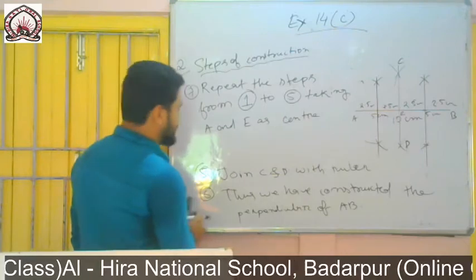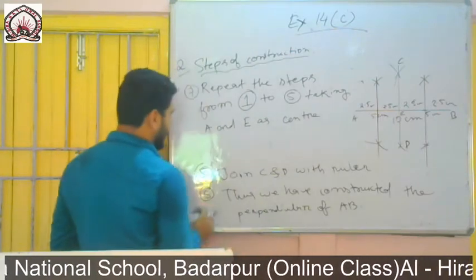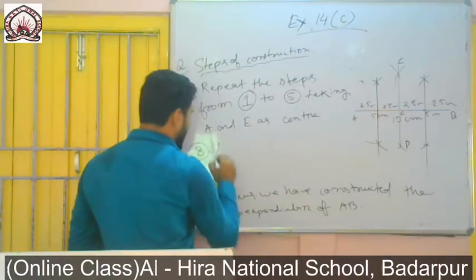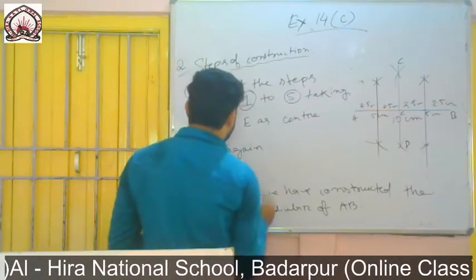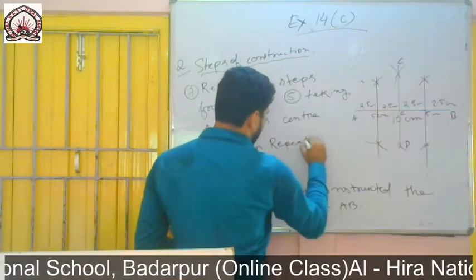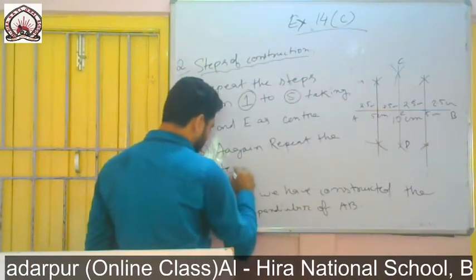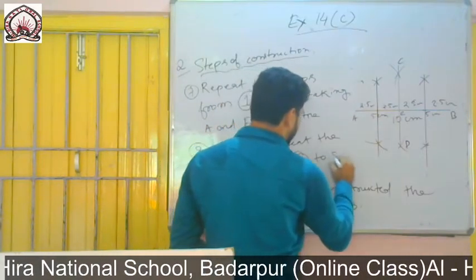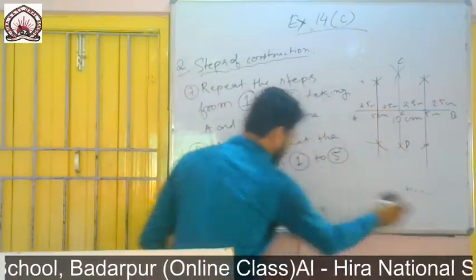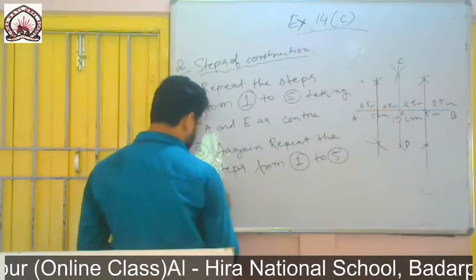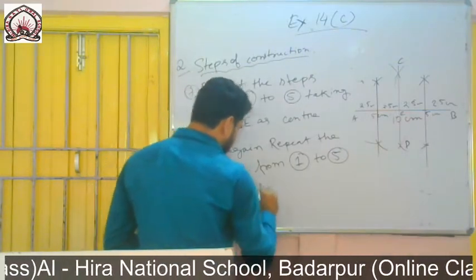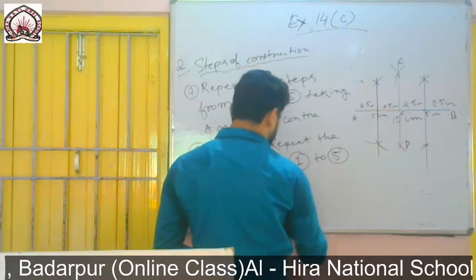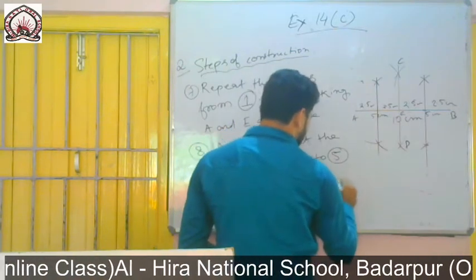Now for ED also. Number 8, you write again: repeat the steps from 1 to 5, taking E and B as center.